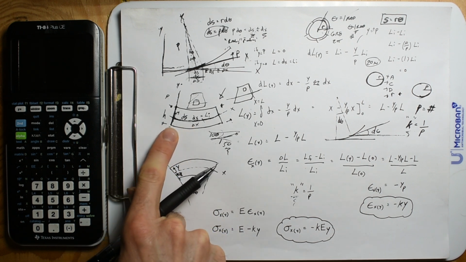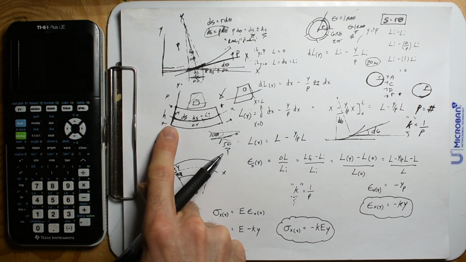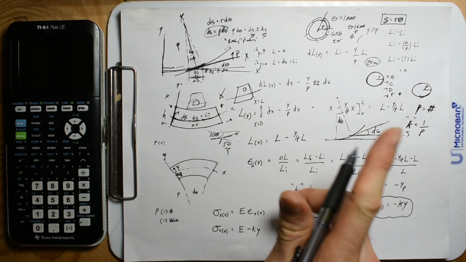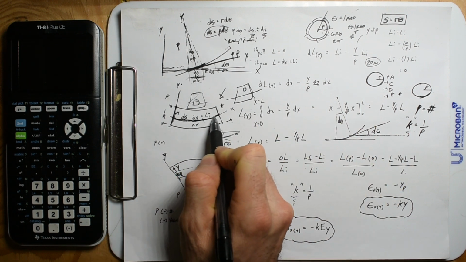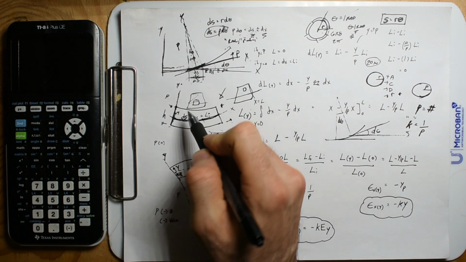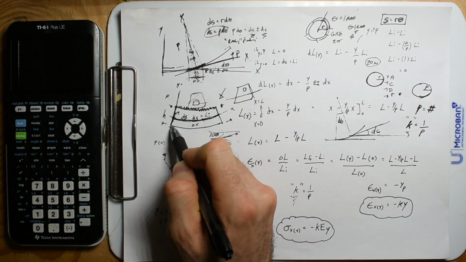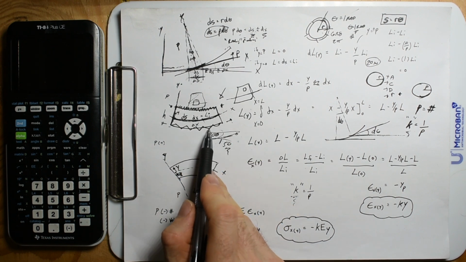So what's the take-home point on this? What we're trying to figure out is, if this part of the curve doesn't change length, this part squishes, and this part lengthens. So that's what kind of happens to our curve.